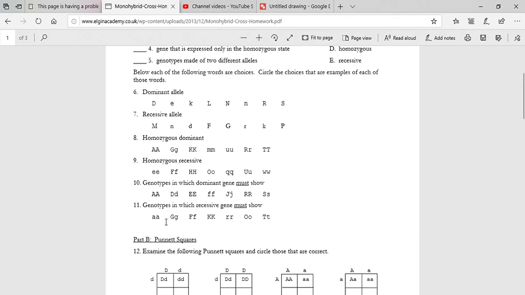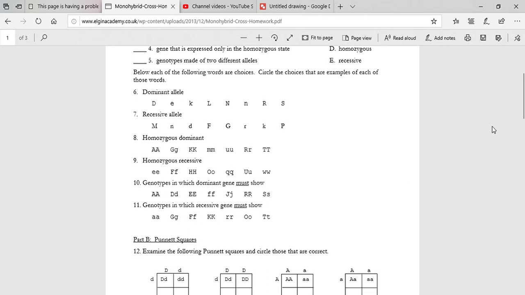Because they're homozygous recessive, meaning they only have one version of the gene, that is the one version that will show. So homozygous recessive would express the recessive gene. In a heterozygous case, the recessive gene would not be manifested.